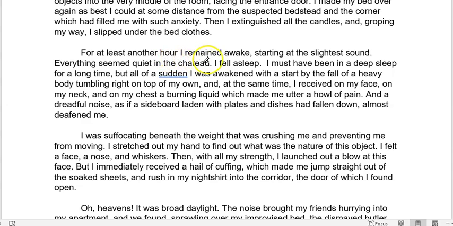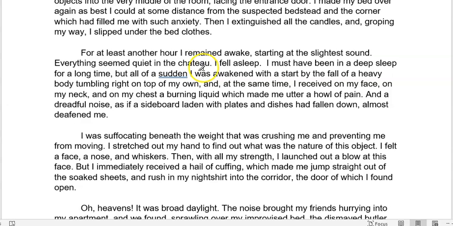For at least another hour I remained awake, so he's still not able to actually sleep because he's so worried about this, starting at the slightest sound. So he hears a tiny little creak or some wind, and he wakes up, or he gets up.